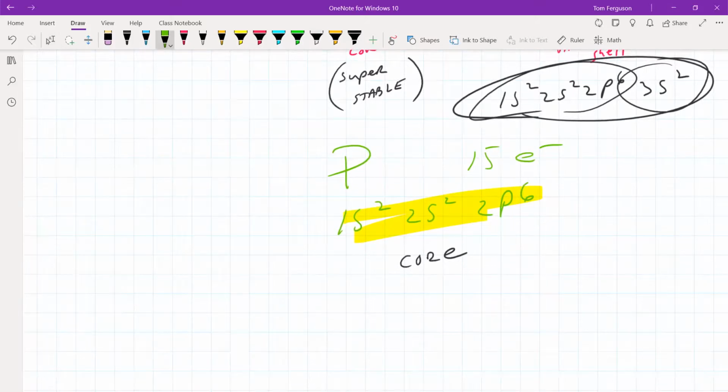So we have 2 over, that's with the S, and 3 over into the P's. So the configuration should read, superscripts tell us how many electrons. So we have 2, 4, 6 is 10, 2 is 12, plus 3 is 15. So we have to account for all the electrons.